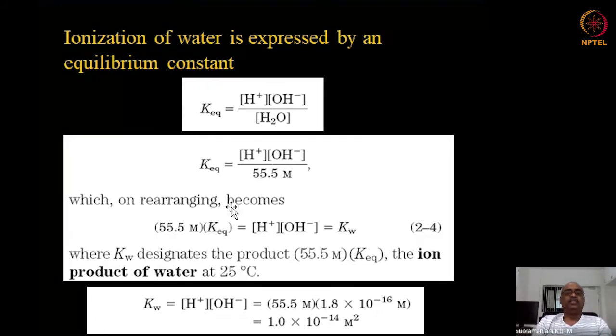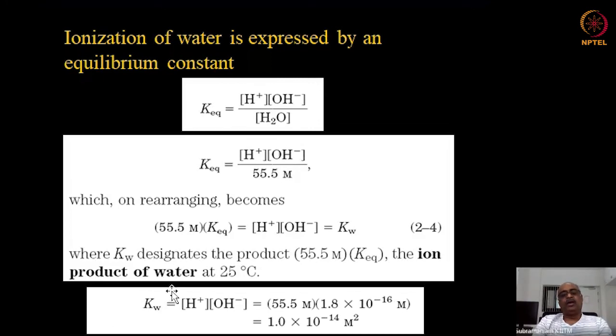So if you rearrange this, then 55.5 times the equilibrium constant equals the product of the two ions. And since this is constant and this is constant, you can call that a constant, Kw. So this is the constant which is equal to the product of the ions, and therefore it is called the ion product of water.